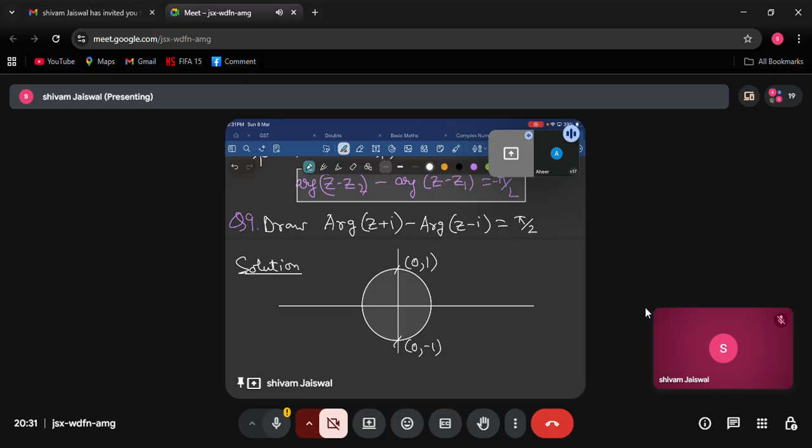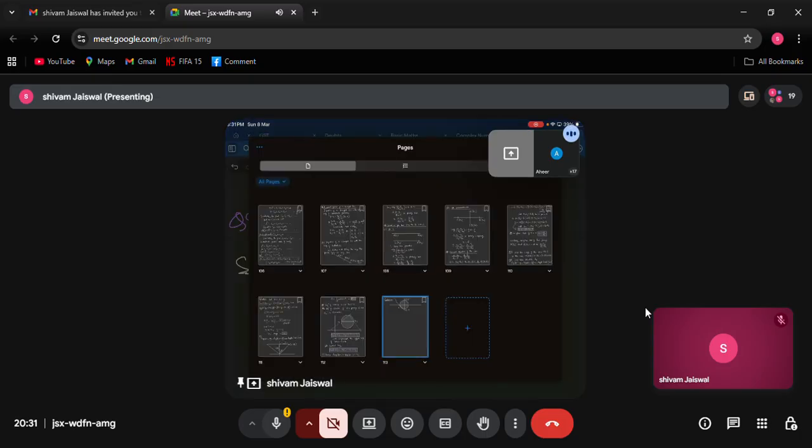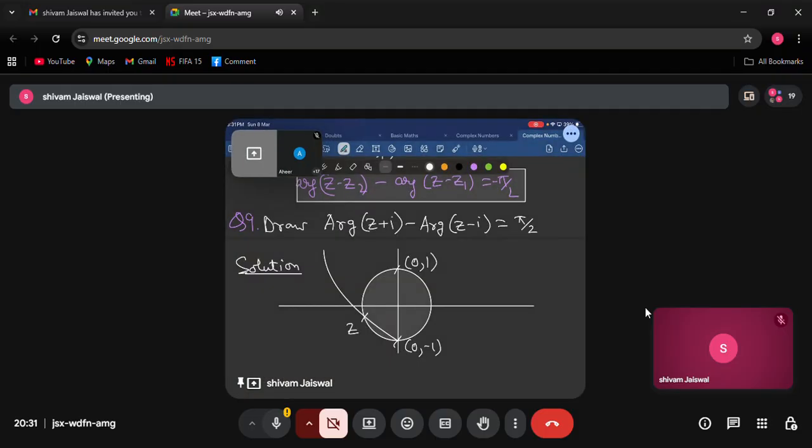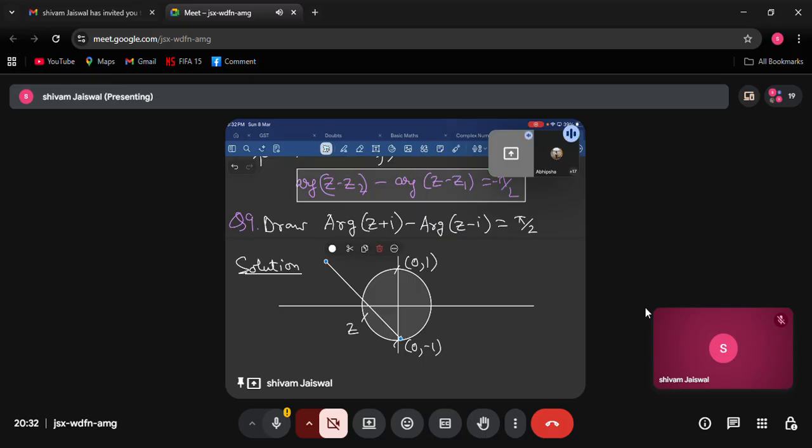Right. For example, if this is z, okay, then this is the argument z plus iota. Those who are online, are people getting it? Yes, sir. Okay. This is z plus iota.